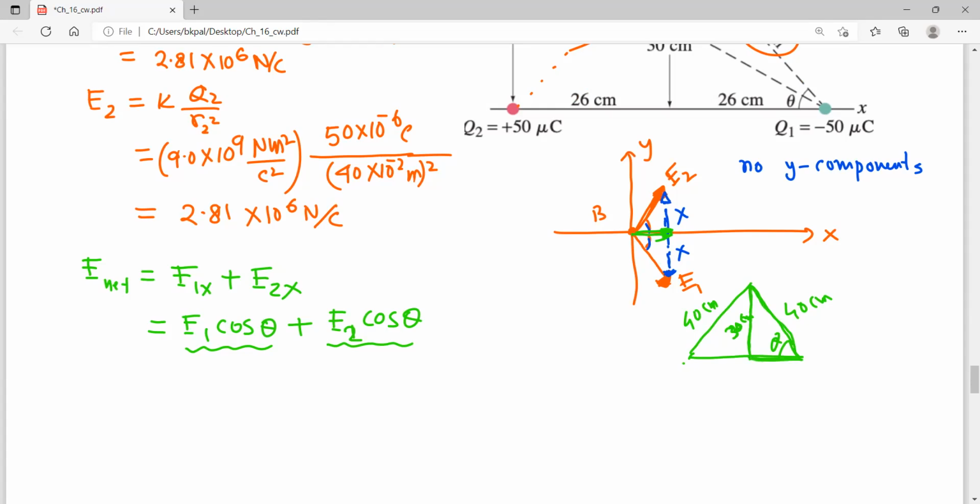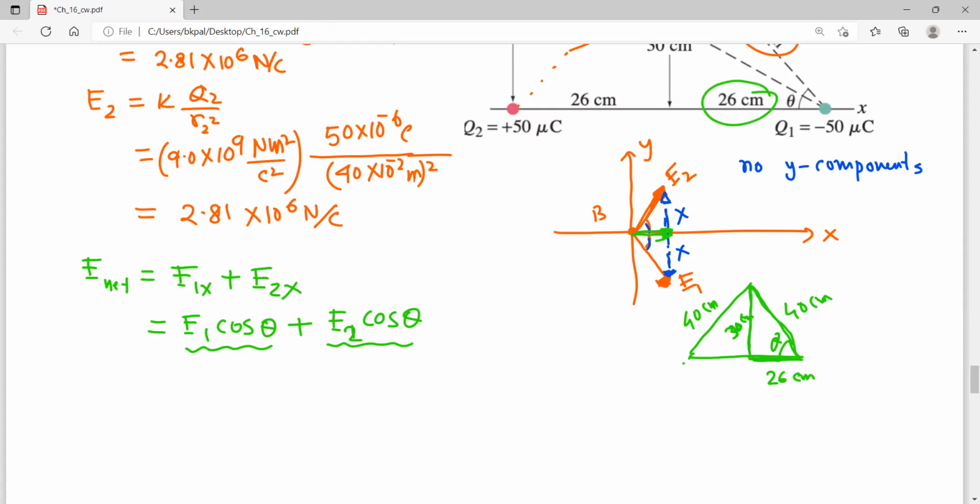So what is the adjacent? If you use the Pythagorean theorem, you can show that this adjacent will be 26 centimeter, and it is also showing here 26 centimeter.